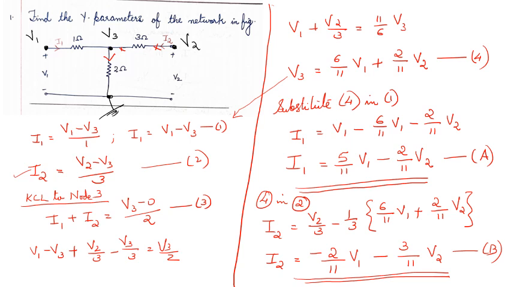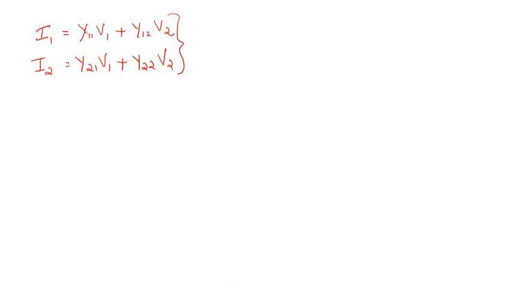Now compare the equations A and B with Y parameter equations. The Y parameter equations are, we all know, I1 is equal to Y11 into V1 plus Y12 into V2, and I2 is Y21 V1 plus Y22 V2. These are the Y parameter equations.